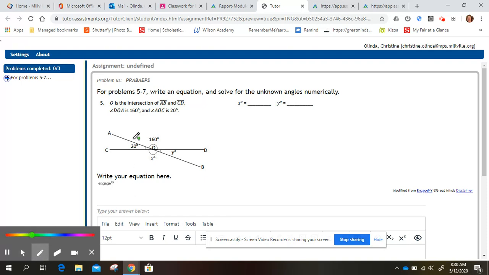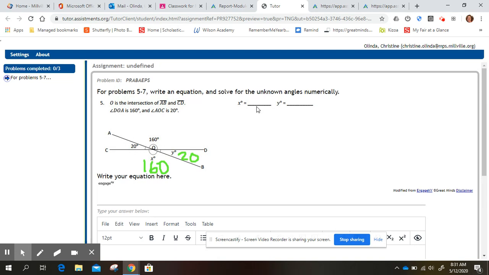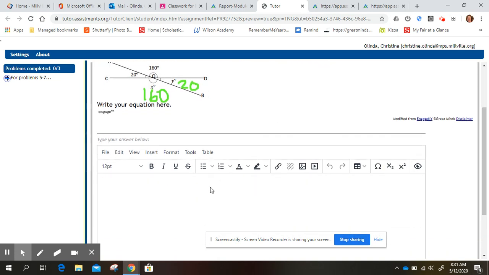All right, so I know that 160 is this angle, and the angle exactly the opposite is complementary. It means it's the same. So angle X is also 160. The same would be true for this angle here. AOC is 20, so the complementary angle right across from it would be 20. And so when it's asking me for X, that would be 160 degrees, and Y would be 20.